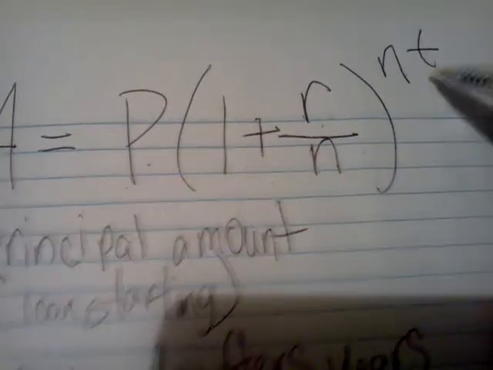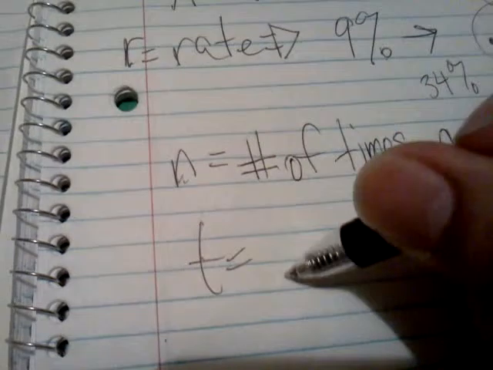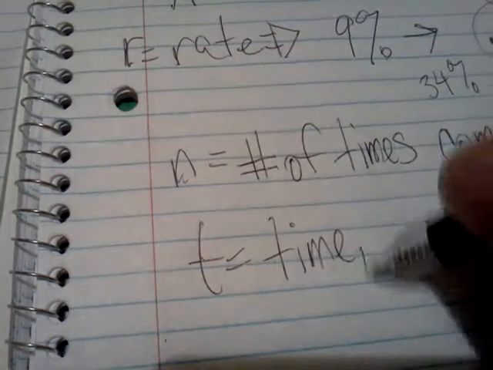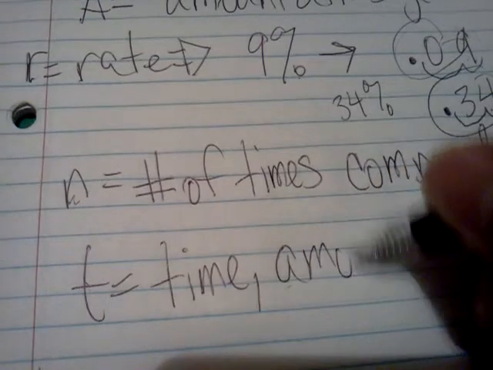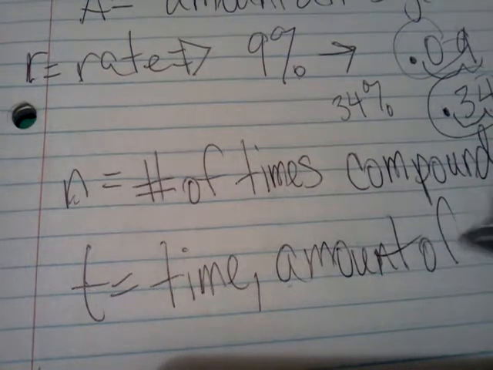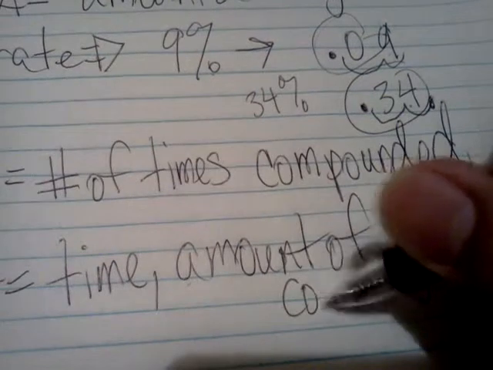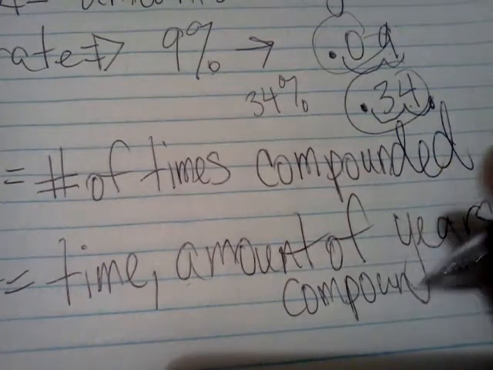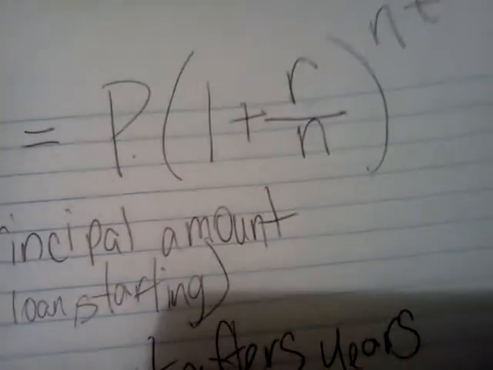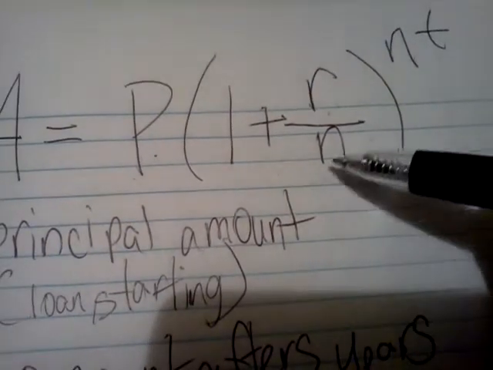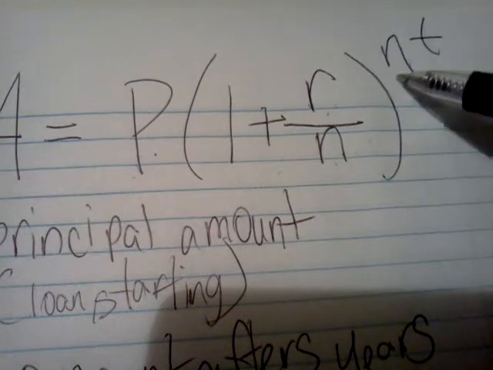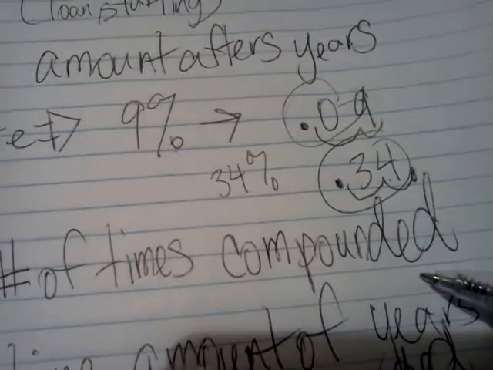And T is just the time, or the amount of years. So this is the formula, but really N is all that we're going to be changing: the number of times compounded.